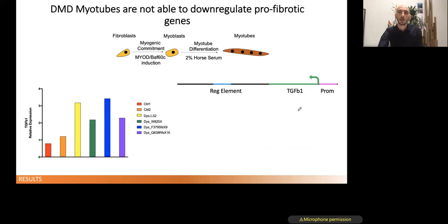When we investigated the expression of a gene such as TGF-beta1, a profibrotic gene that is upregulated in dystrophic patients, you can see that in these in vitro generated myotubes, independent of the underlying mutation, we have an increased expression of TGF-beta1 compared to control myotubes obtained from healthy cells.